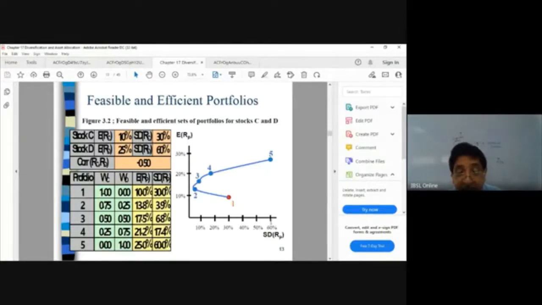You see 60 here and 25 is the return. It is in the middle of this. That is how point number 5 is plotted. Now when you connect all the points, you will get a curve like this. This is the curve you can get.